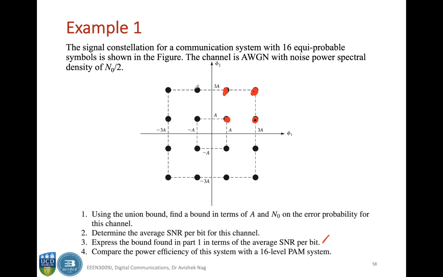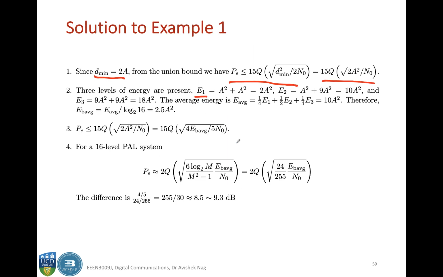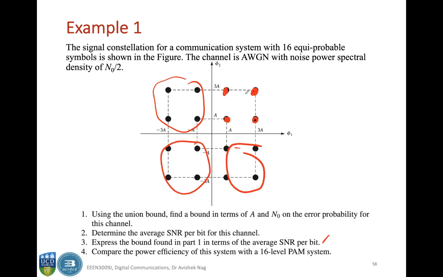Then this pattern repeats. If you add all of them together, E1 is A square plus A square. So basically it's for this one, E1.